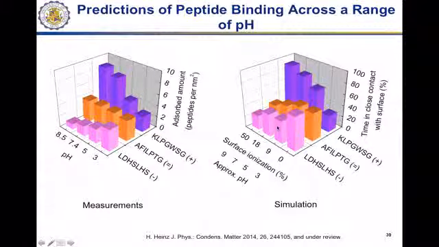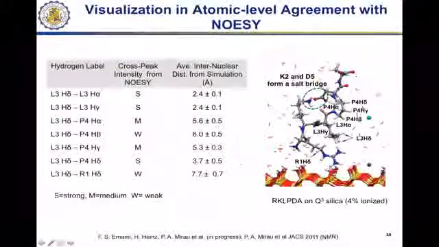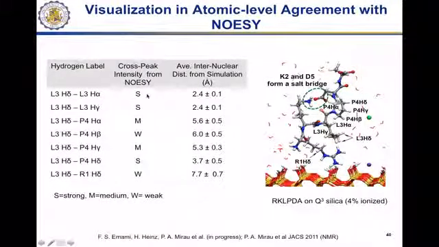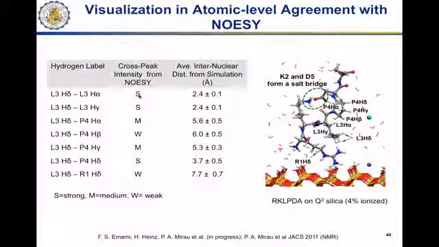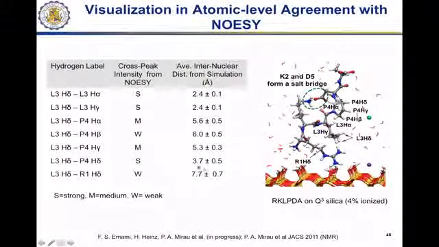So what this shows is that we get really some atomic level information. We also checked some correlations with 2D NMR spectroscopy. If you have a strong peak in NOESY in the 2D NMR spectrum, then in the simulation we see that the internuclear distance between those protons is at the small end.